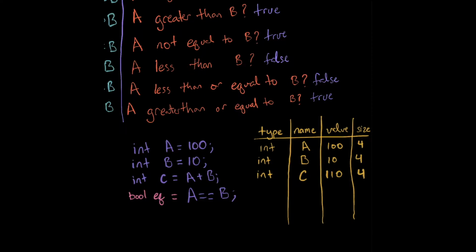And then on the next line, I have defined a type of bool. Its name is EQ. And because it's a bool, the size is just 1.